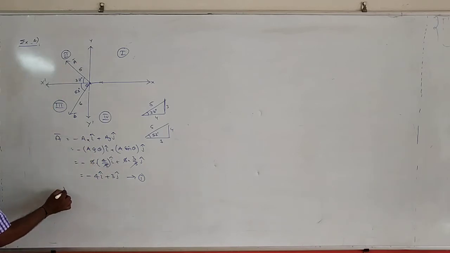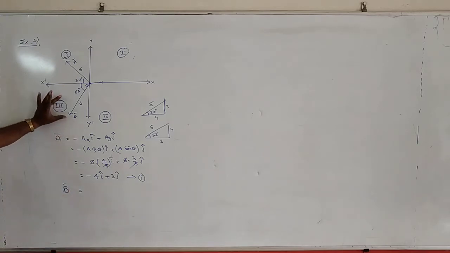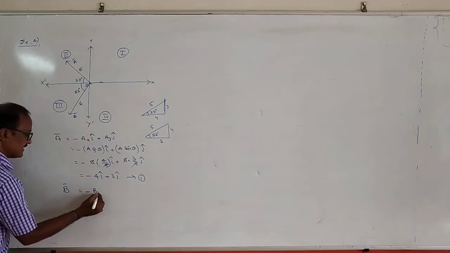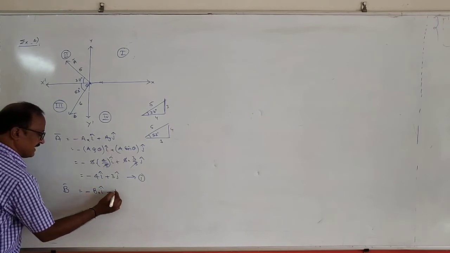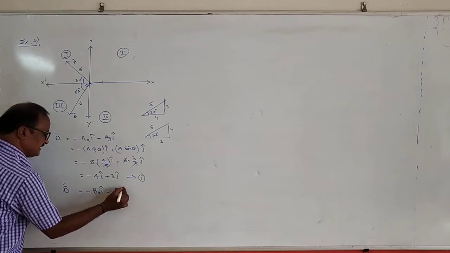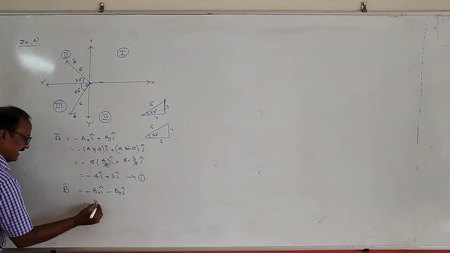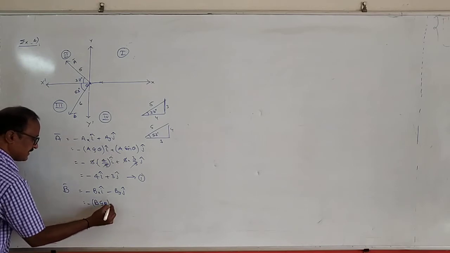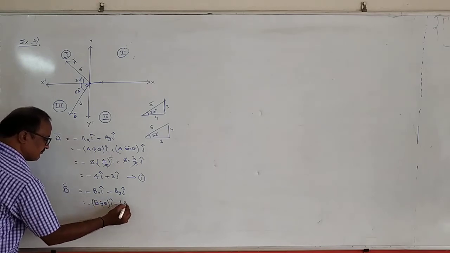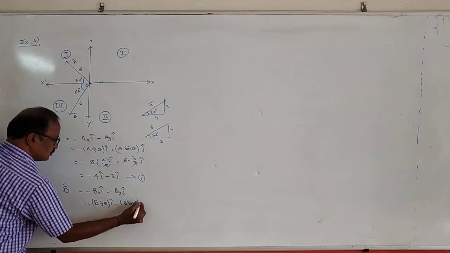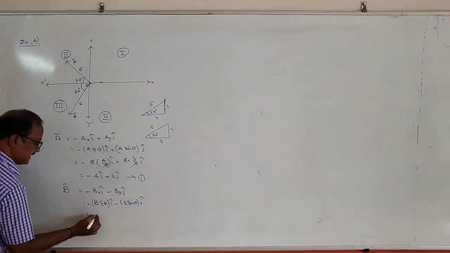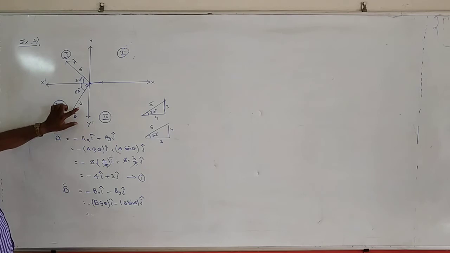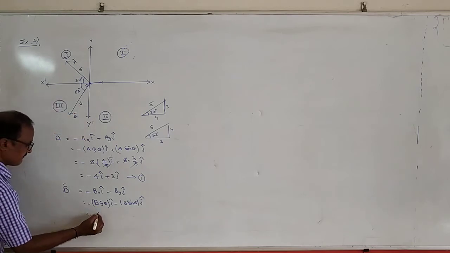Similarly, b bar can be written the same way, and b bar is lying in the third quadrant. In the third quadrant, both x and y are negative. That means minus bx i cap minus by j, that is minus b cos theta into i cap minus b sin theta into j. What is b? Magnitude of b is 6, this is the given value.